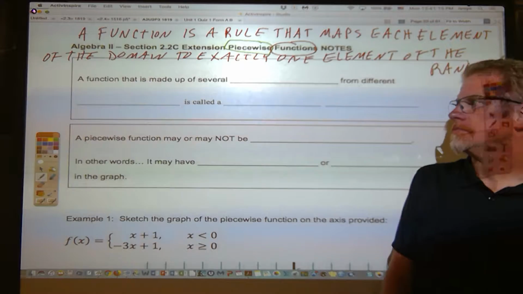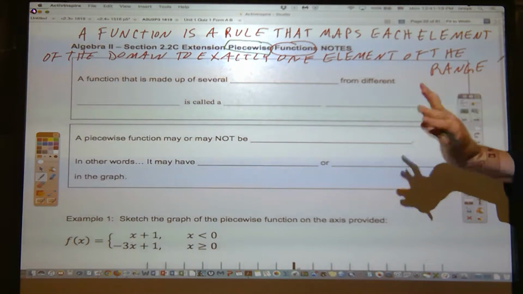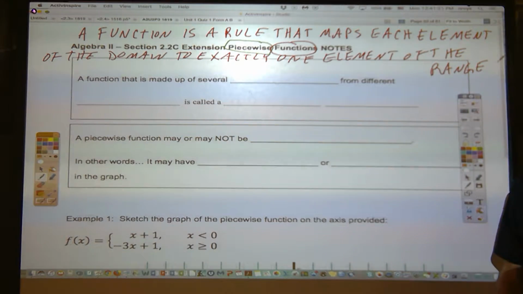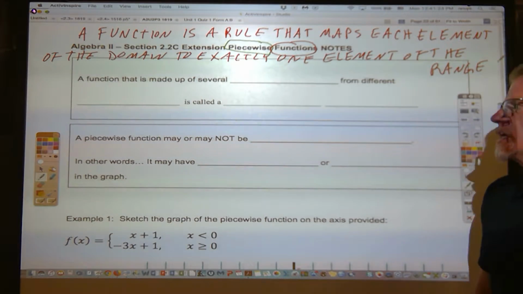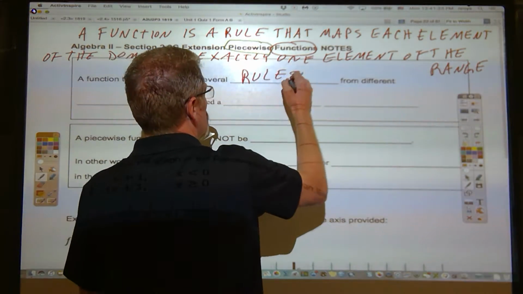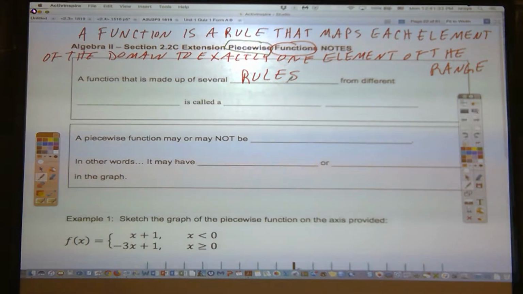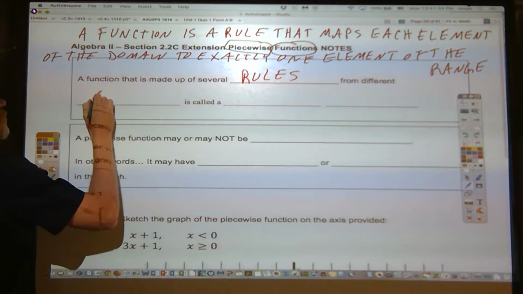All right, so what's a piecewise function? We have a function. What's a piecewise function? A piecewise function is a function that is made up of several rules, more than one rule, changing the rules midstream from different functions.